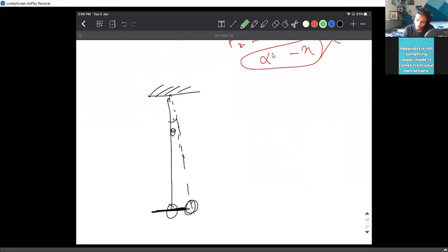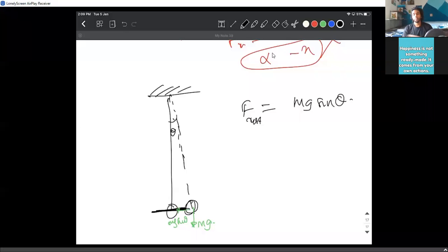And at this point, the restoring force is mg sin theta only. Yes, it is still mg sin theta. F restoring equals mg sin theta only. But the angle is so small, I can almost write it as mg theta.